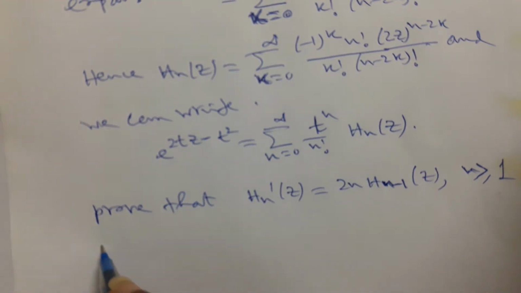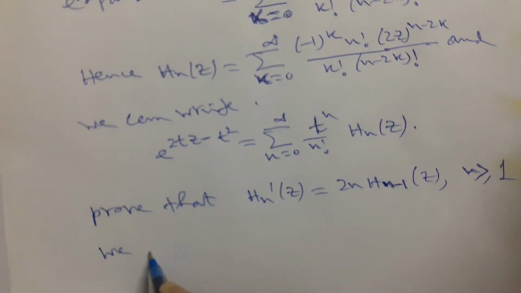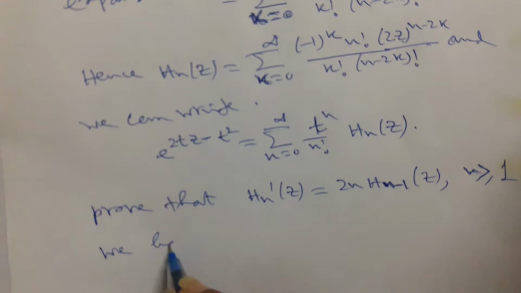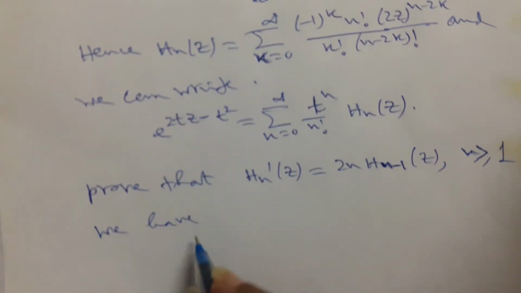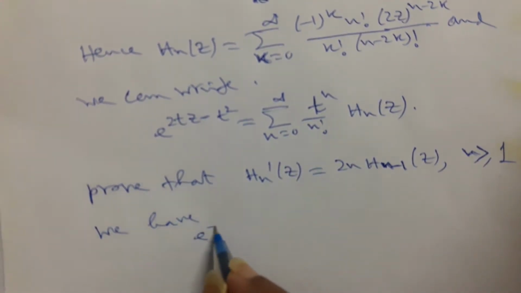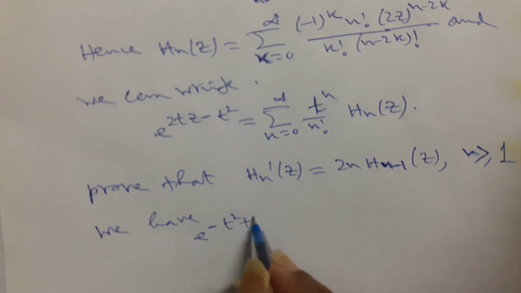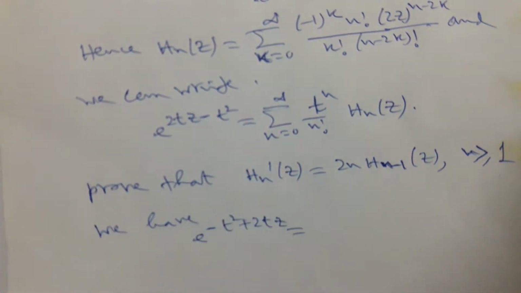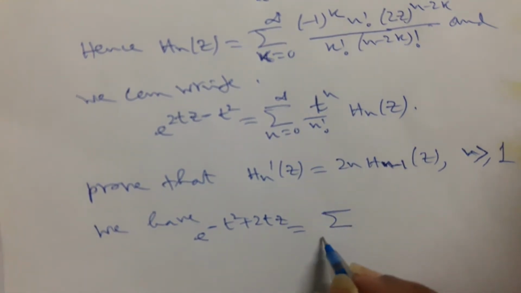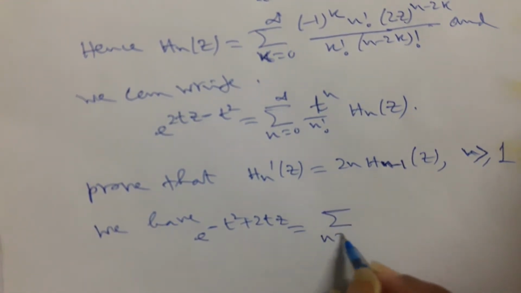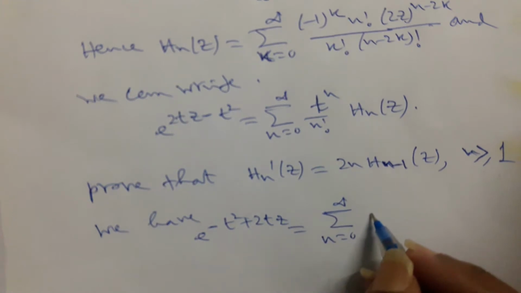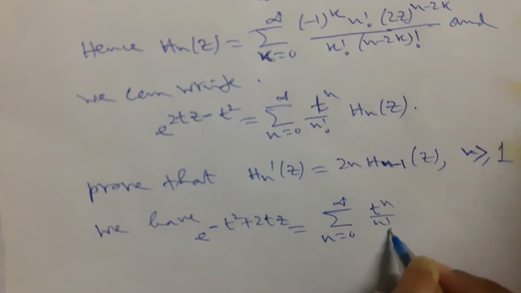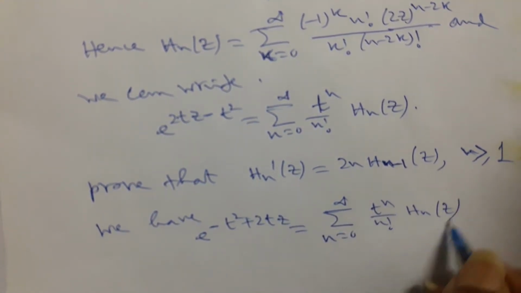Now we have e to the power minus t square plus 2tz is equal to this quantity, the sum of n equals 0 to infinity t to the power n by n factorial Hn(z).